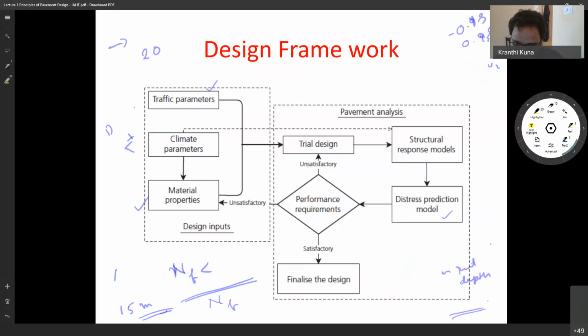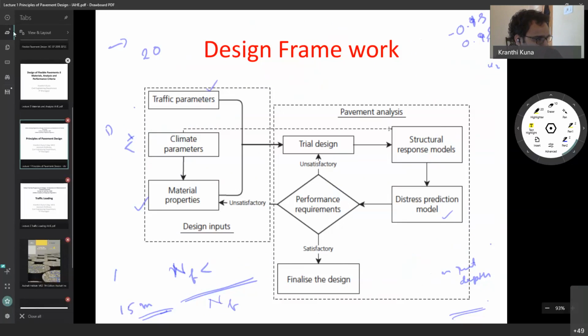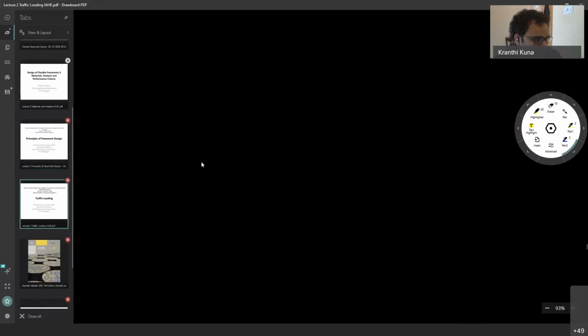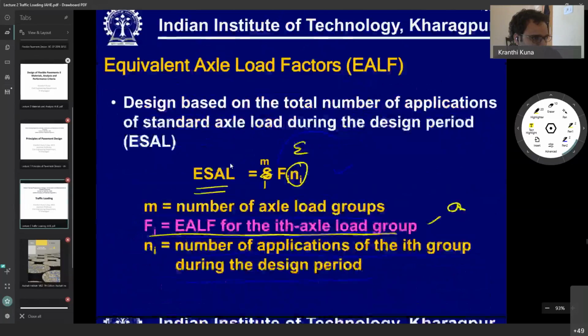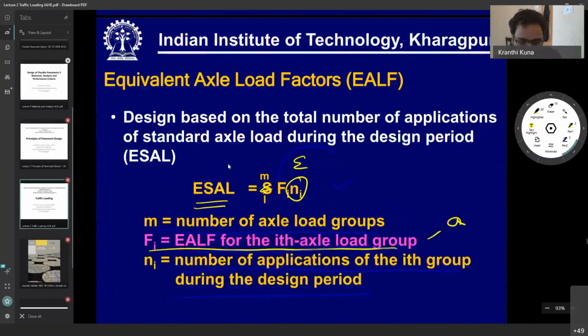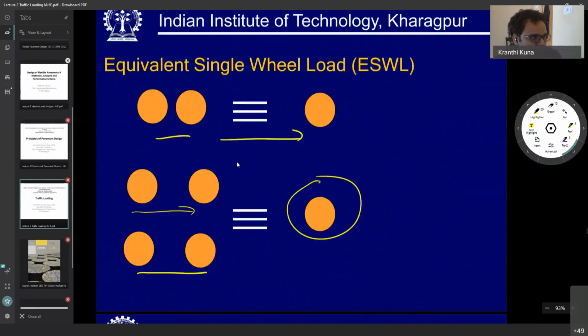The one aspect left in terms of traffic parameters is the damage factors or equivalent axle load factors. I think this is the last slide where we stopped.